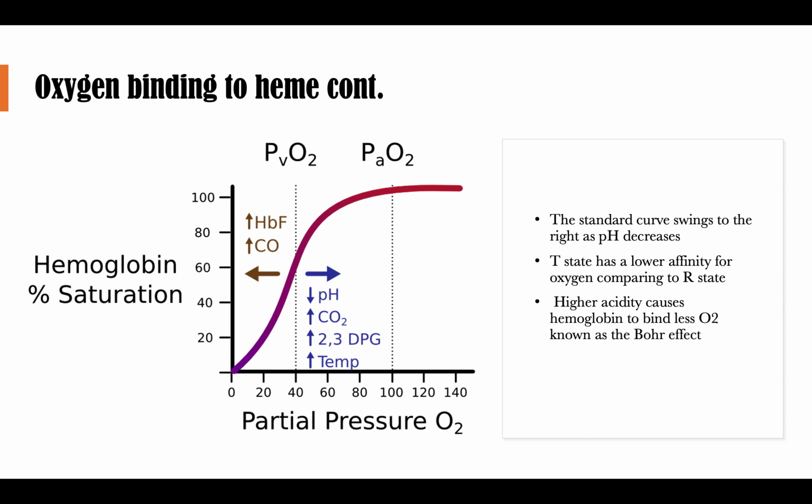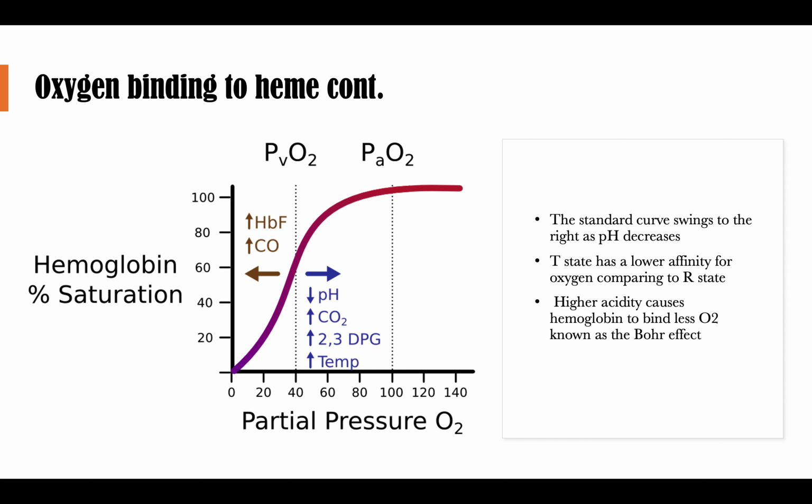And on this slide here, we will look at the standard curve, which swings to the right as the pH decreases. This occurs because different amino acid residues, such as histidine, stabilize the deoxyhemoglobin in the T state at higher H plus ion concentrations, because the T state has a lower affinity for oxygen than the R state.